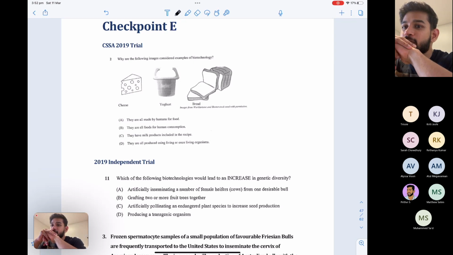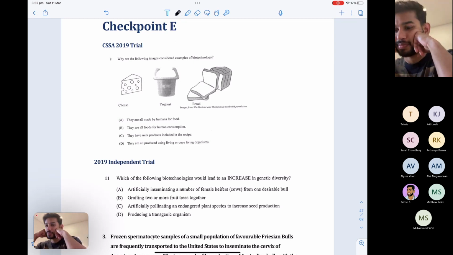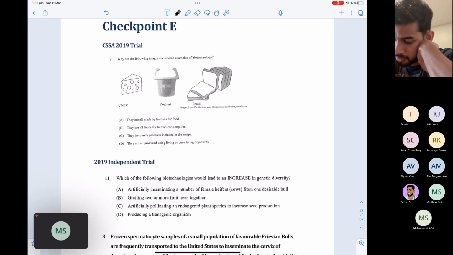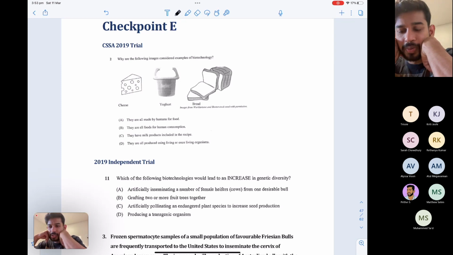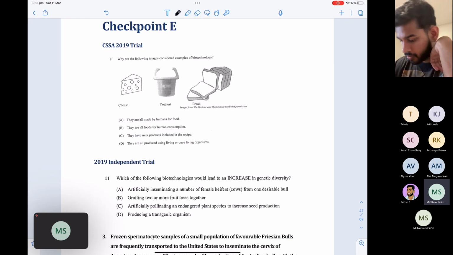Let's go to Matthew. What do you think about 11? I put A. Okay. Why did you put A? The idea of artificial insemination is that we can get one cow, take its gametes, and transfer them across the world from one global area.